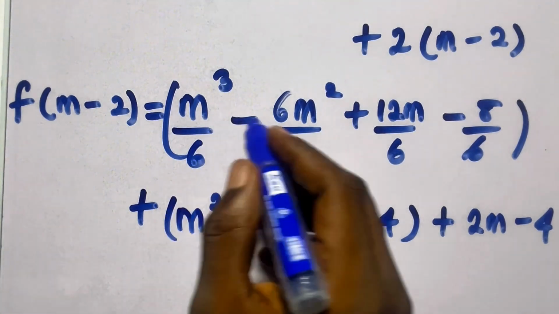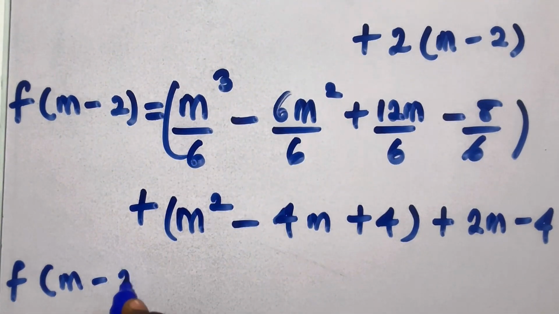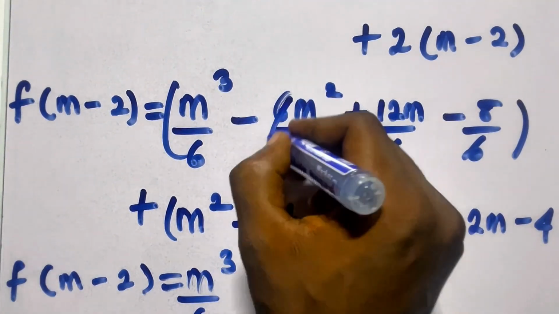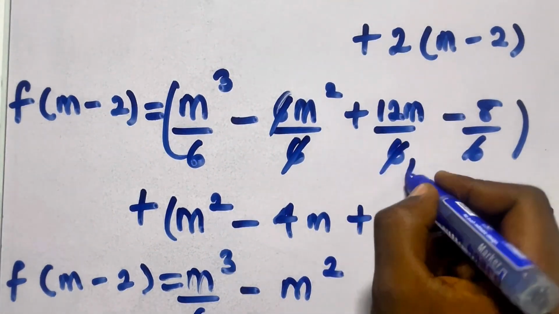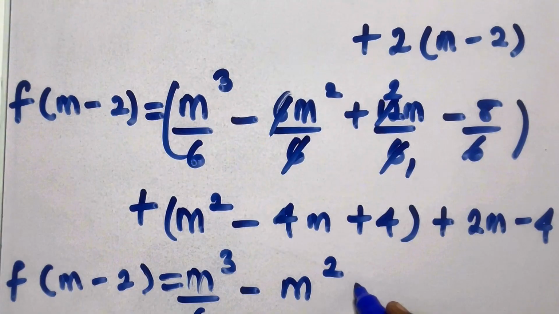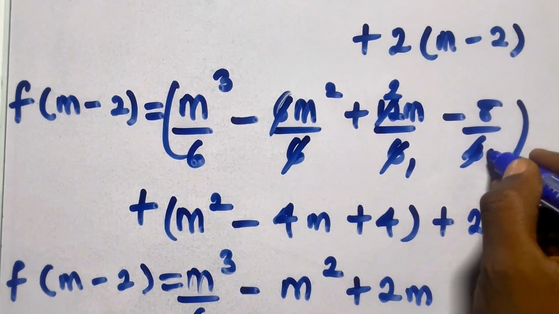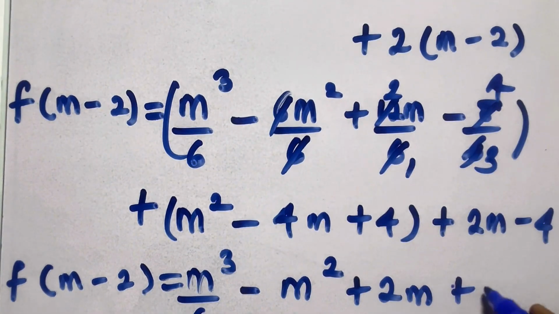Then on simplification, f of m minus 2 will be equal to m raised to power 3 divided by 6, right? We have minus m squared, 6 here 1, 6 here 2, so we have 2m, plus 2m, 3 here, 2 here 3, 2 here 4. So we have plus 4 divided by 3.